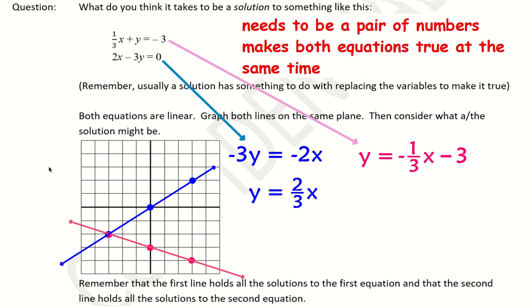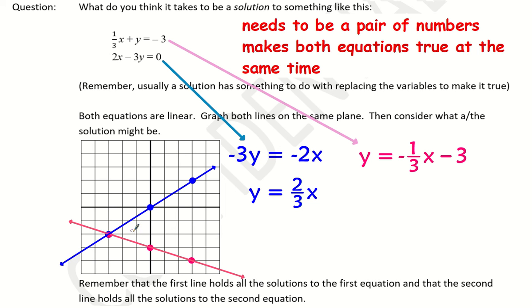So here is the punchline for at least the first half of today's lesson. You can summarize the first half of today's lesson by pretty much this: where your two lines intersect, that is your answer. It's really that simple.